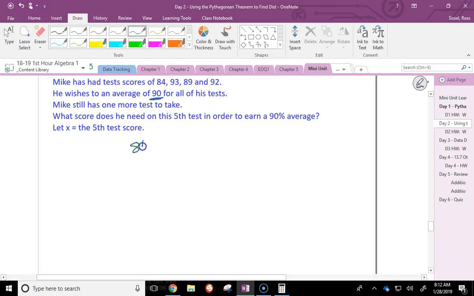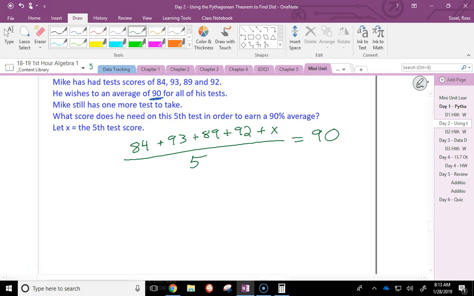So I'm going to go 84 plus 93 plus 89 plus 92, plus X. And then you would divide all of that by 5, and then it would be equal to 90.